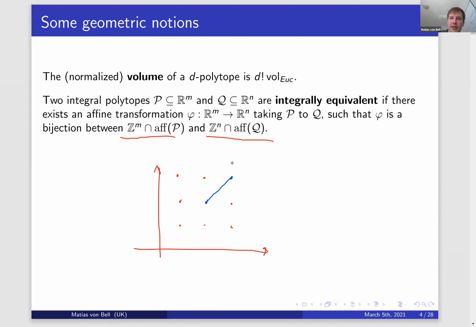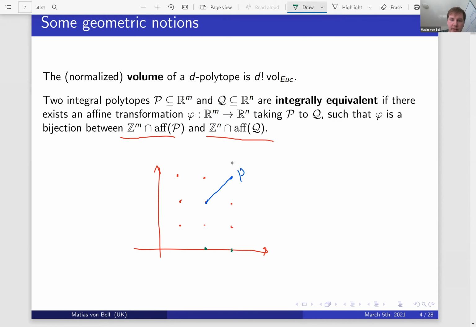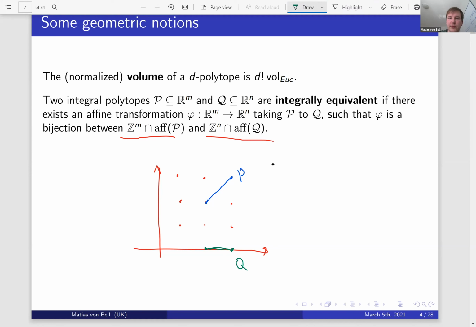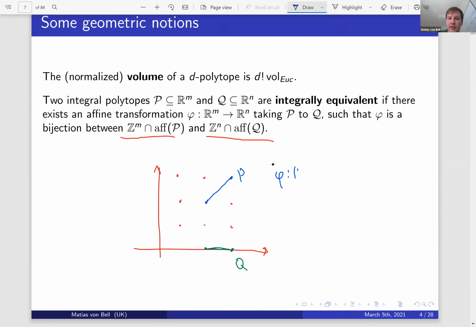Let's call this one P. And then I have a different one down here, say, like this. Call this one Q. And so we want to see if these are integrally equivalent. The integral equivalence in this case is actually just a projection down from R2 to R, taking (x, y) to x.